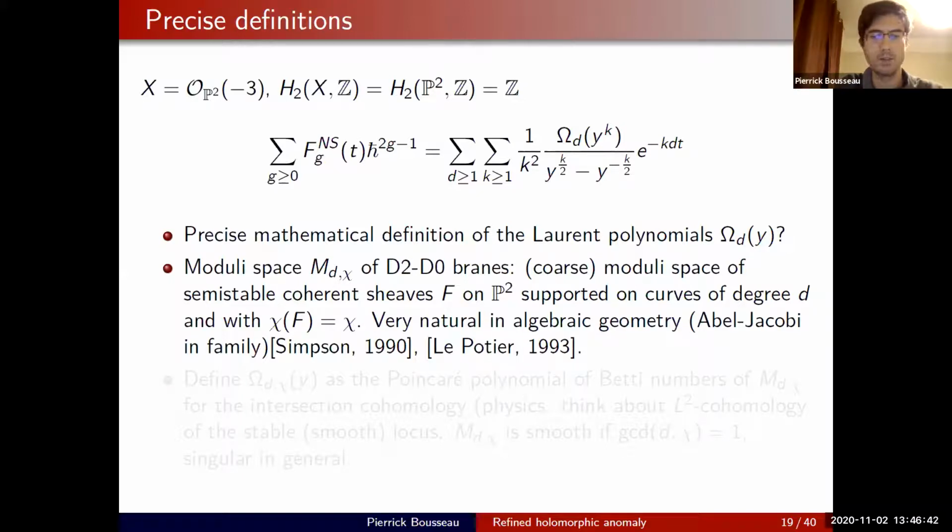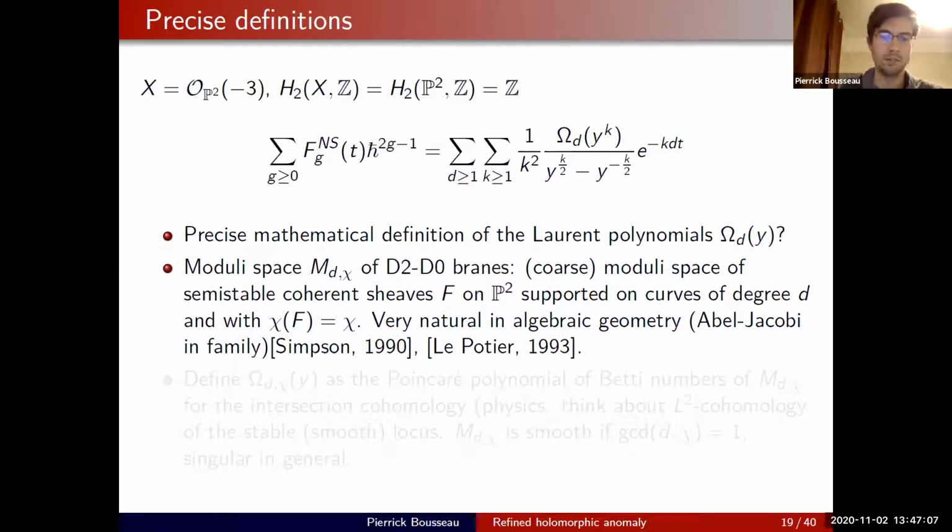So the typical example of such a thing is a line bundle supported on a degree d holomorphic curve inside the projective plane. And d is roughly the D2 charge, the degree of your holomorphic curve, and chi is roughly the D0 charge, something like the degree of your line bundle on your holomorphic curve.